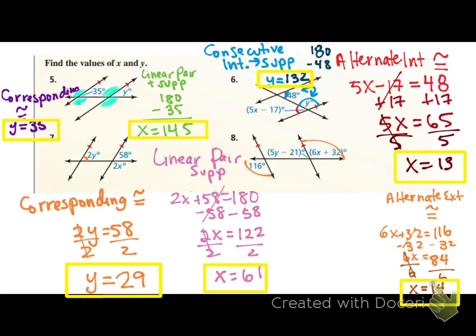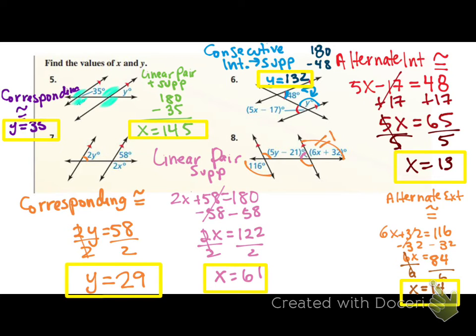Alright, so we want to decide if 5y minus 21 will be congruent or supplementary to 116. It will be supplementary. Because if you went through and you highlighted, those two would be congruent. All of the ones I highlighted in orange would be the same measure, but 5y is attached to this corner angle. It is not going to be congruent to 116.